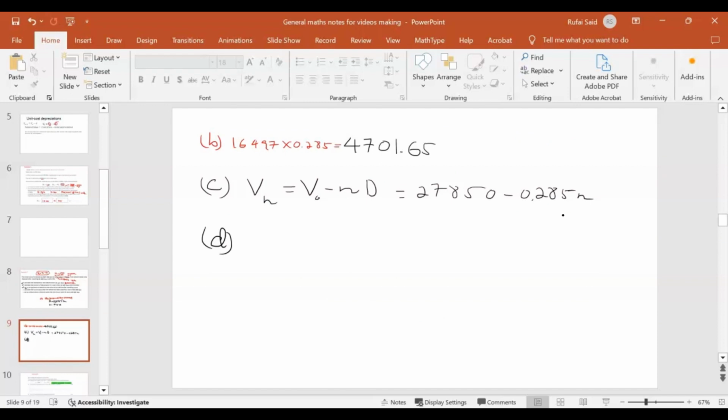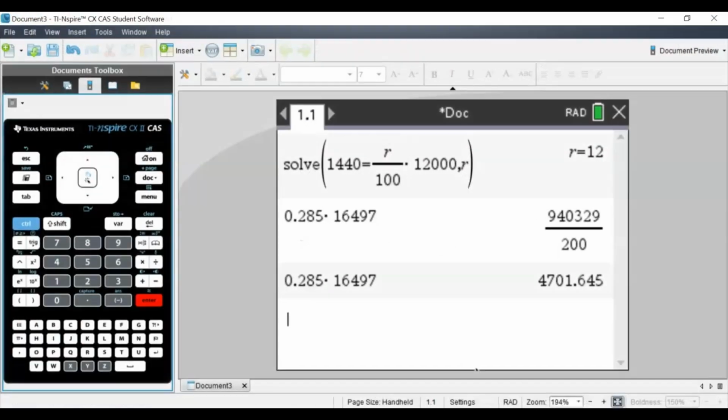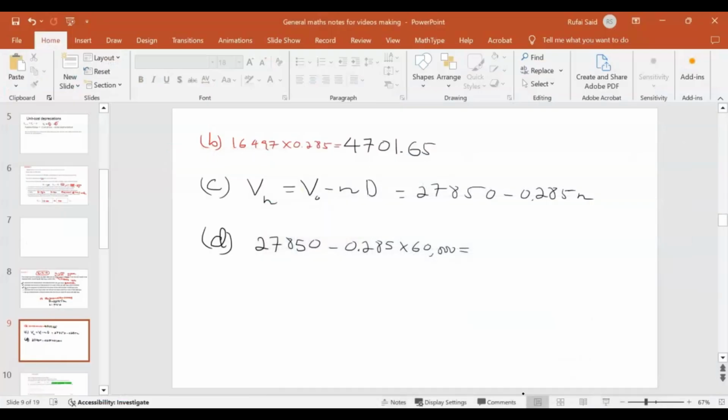So that's going to be 28,850 minus. So the car will be worth 10,750.